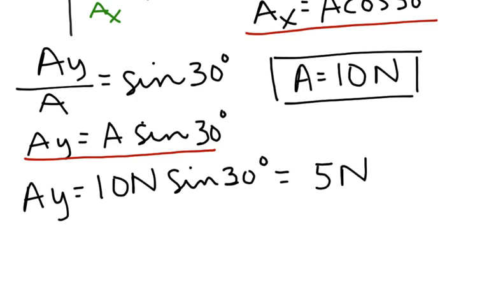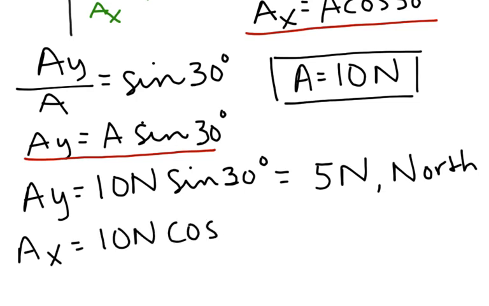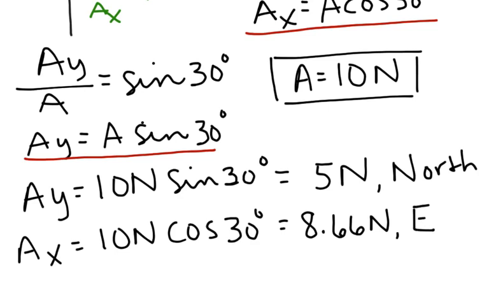That gives me a value of 5 newtons, plus 5 newtons, which means you could say north. And A sub x is going to be 10 newtons cosine of 30 degrees, and that's going to give me 8.66 newtons east, because it's positive. There you have it. That's resolving a vector into components.